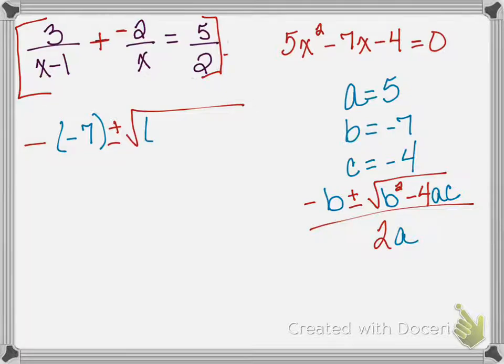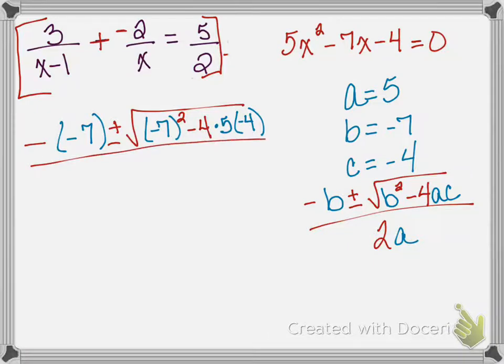Then I have a negative number squared. What happens when I square a negative number? It becomes positive. That is the number one place that students make mistakes with the quadratic formula. When they square a negative number, they don't make it positive. So be careful there. Then I have minus 4, A is 5, and C is negative 4.